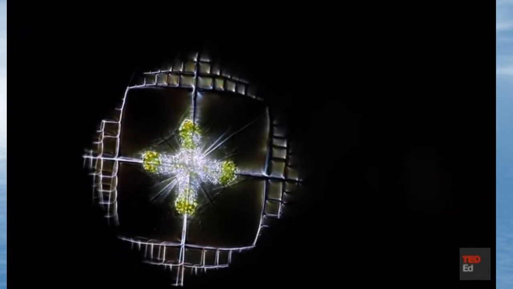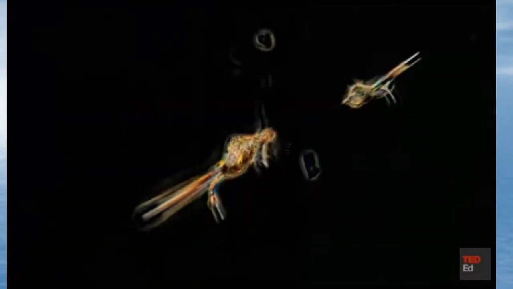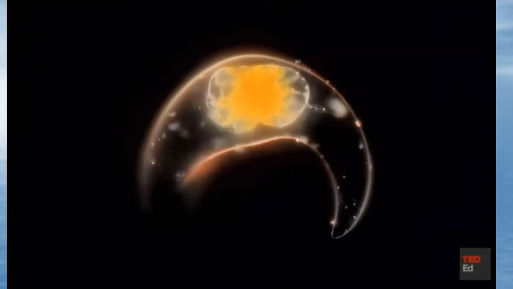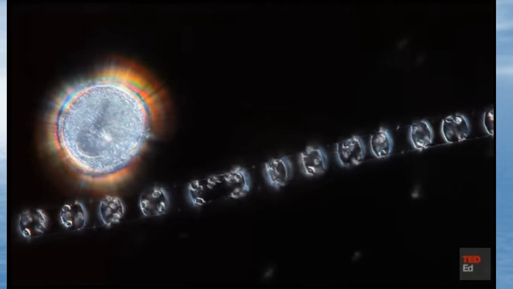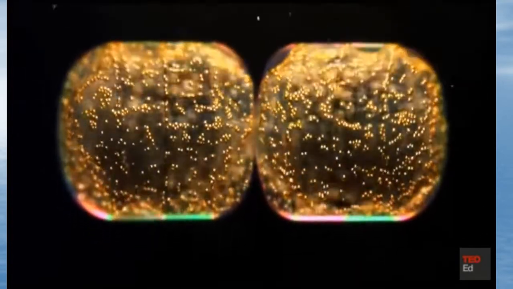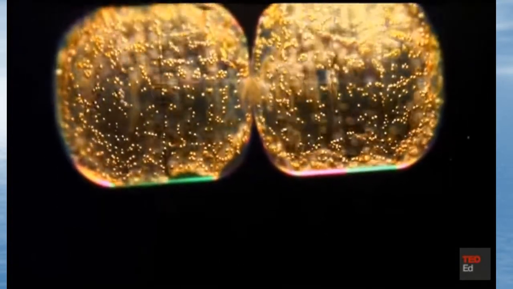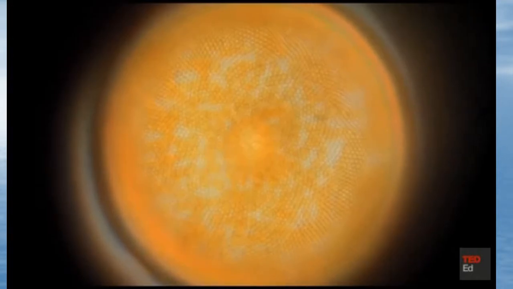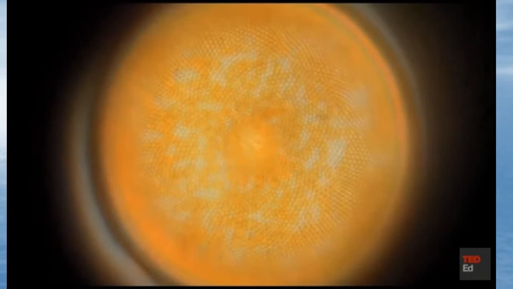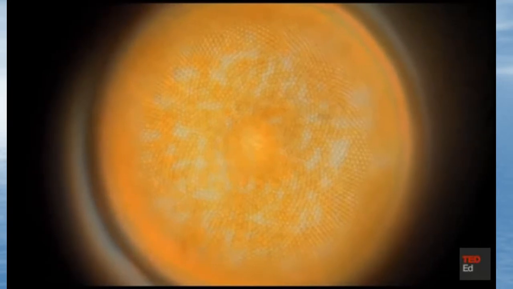But the real powers of this place come from phytoplankton. Single-celled life that transforms sunlight and carbon dioxide into edible gold. Phytoplankton are the base for the largest food web in the world.